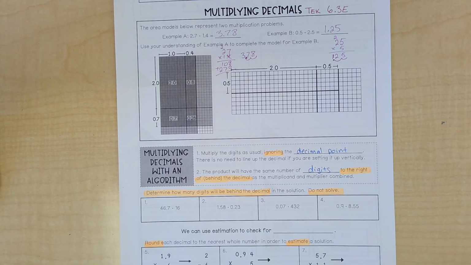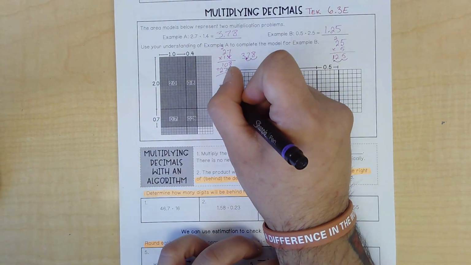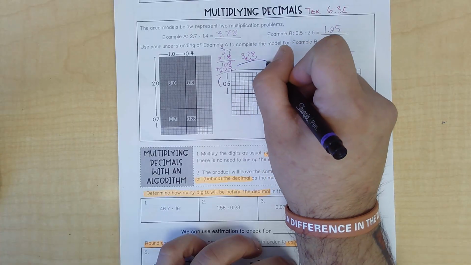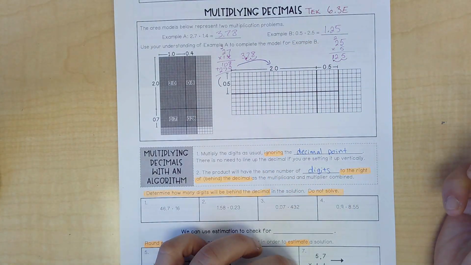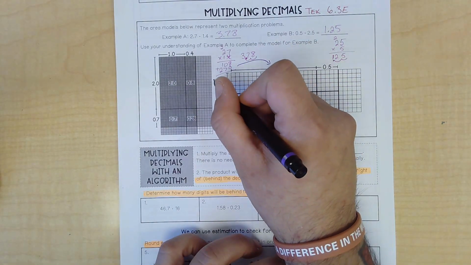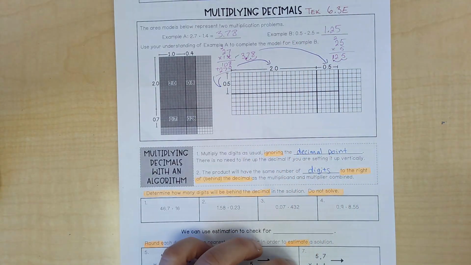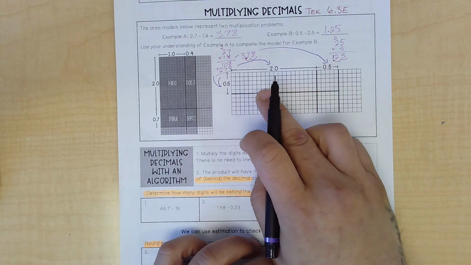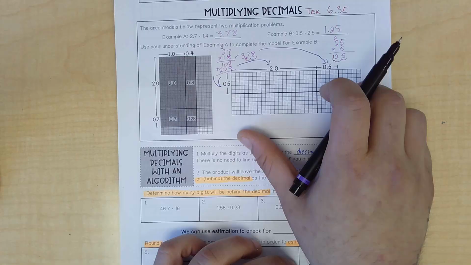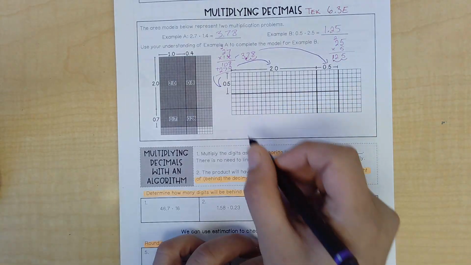Now that's what's happening here in the area model. They're just kind of representing it a little bit differently. So in the area model, what's happening is this 0.5 is being distributed to this 2.0. It's also going to get distributed all the way to this other 0.5 as well. And when we multiply, we'll get a partial product and then another partial product, and then we'll add them for our final product.